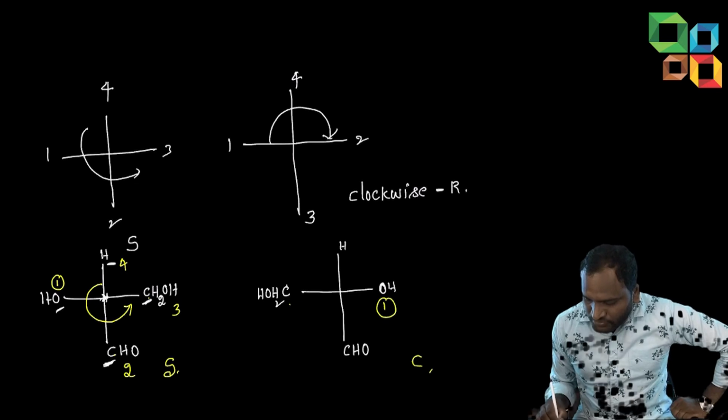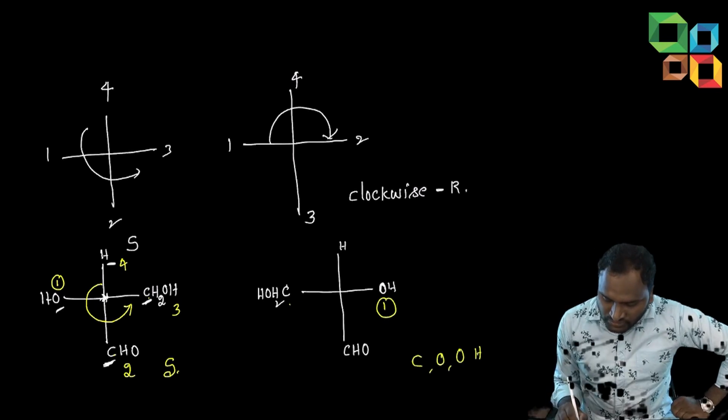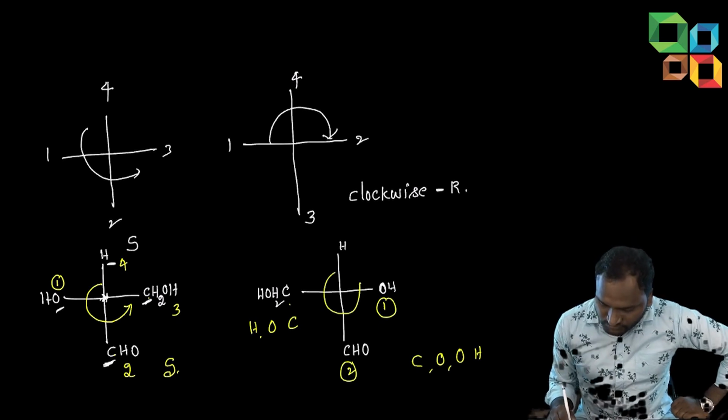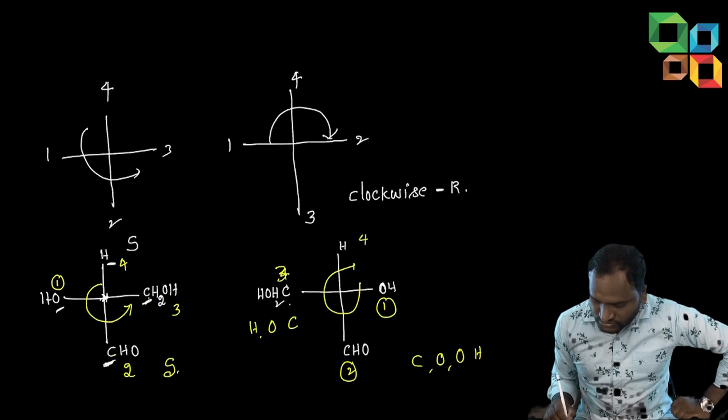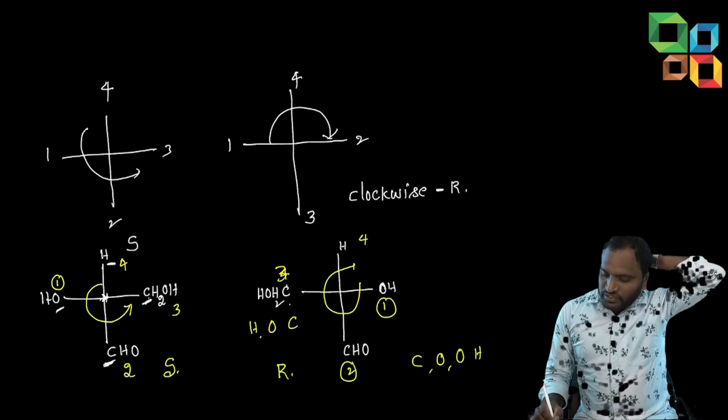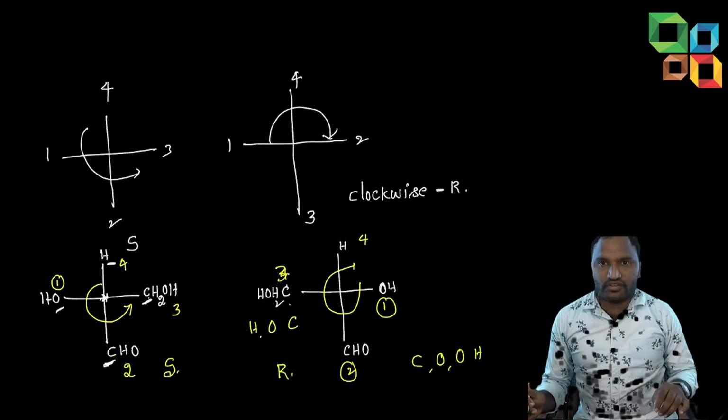Here CHO, COOH. Here C, higher atomic mass, you keep next, HH. So this will get second priority. Third priority, fourth priority. So this is R configuration, since clockwise direction, fourth priority is on vertical.